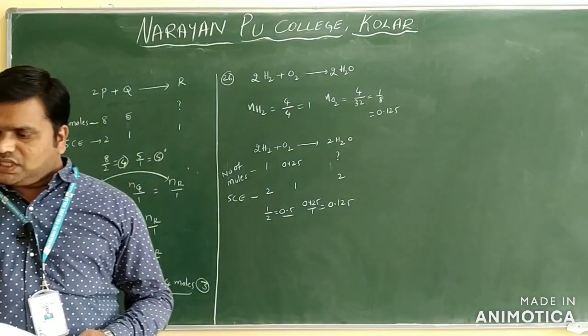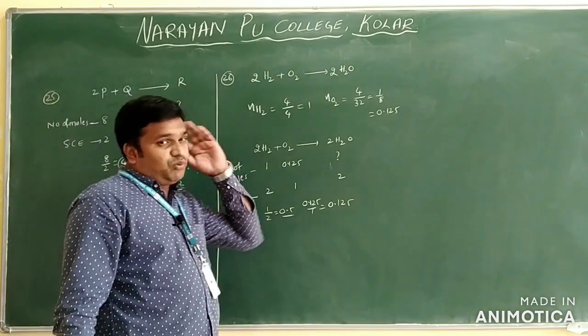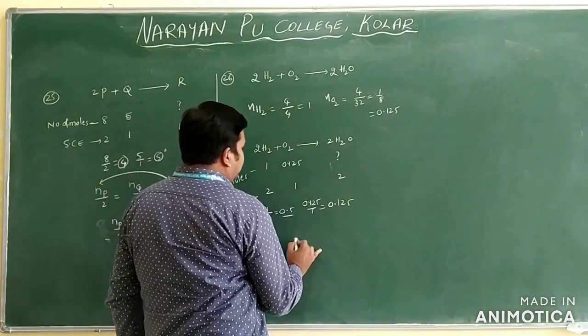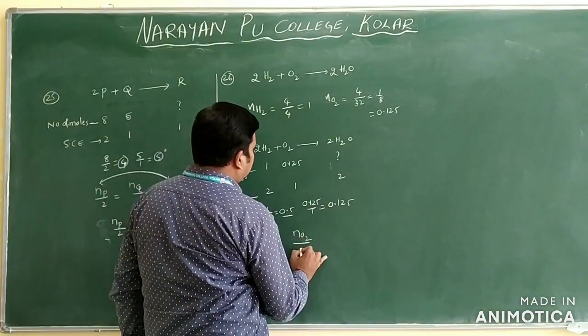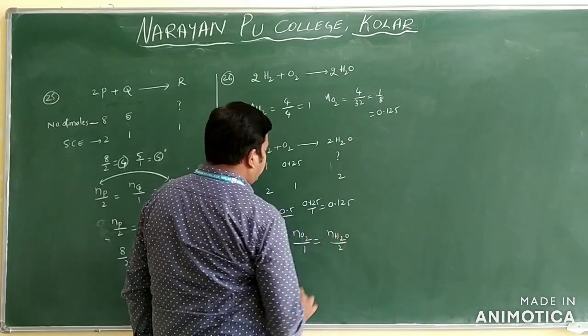In this calculation, the least value is coming from which one? 0.5, 0.125, so 0.125 is the least value. So you have to compare these two: number of moles of O2 by 1 is equal to number of moles of H2O by 2.